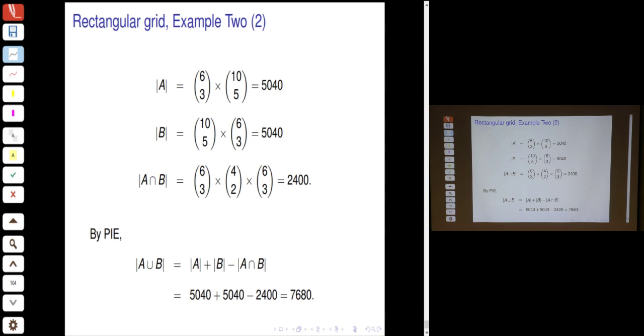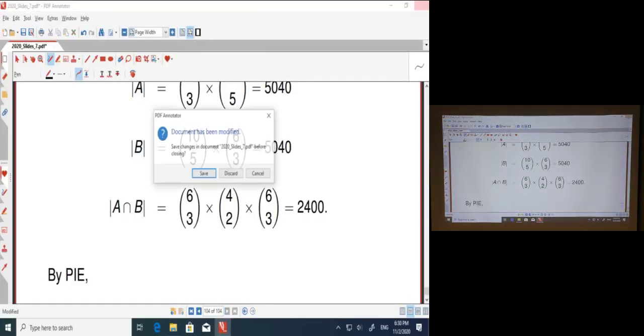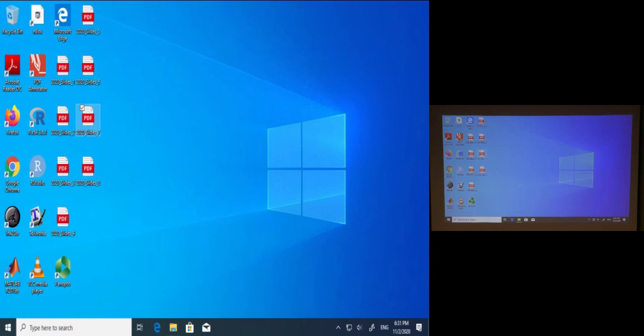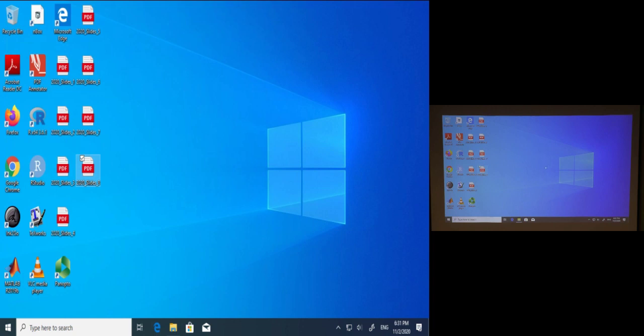Now I think it's still early, so let me continue a little bit of the new lecture, and then we stop at a natural place to have a break. Now I want to change topic. The new topic is probability.